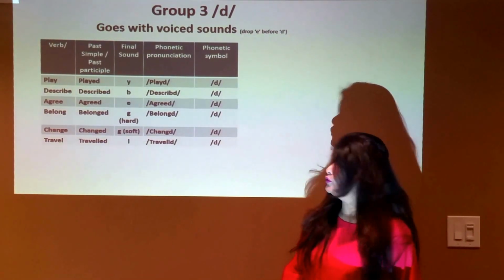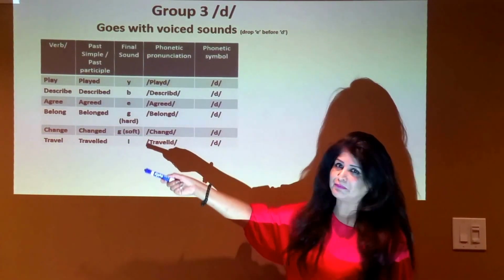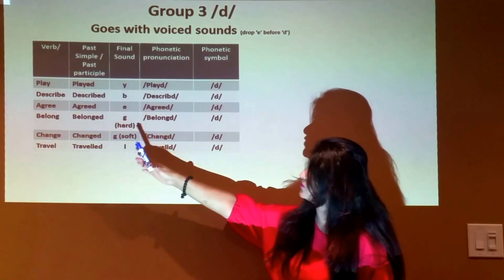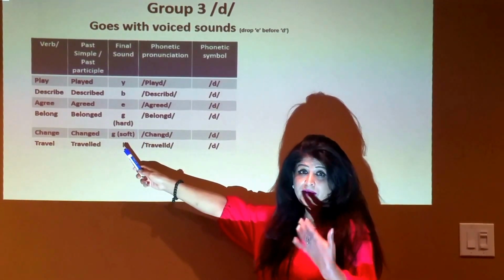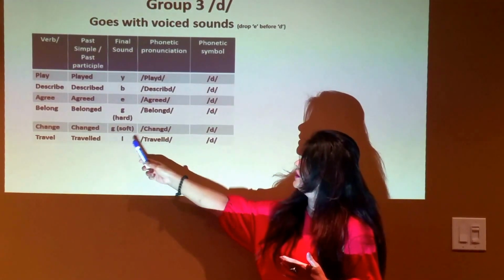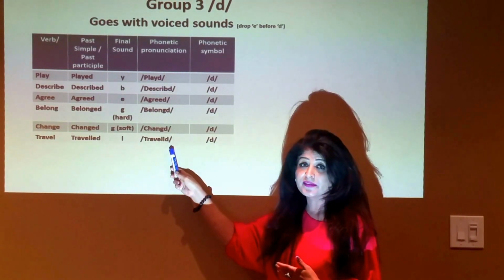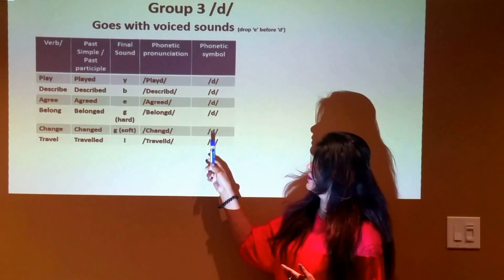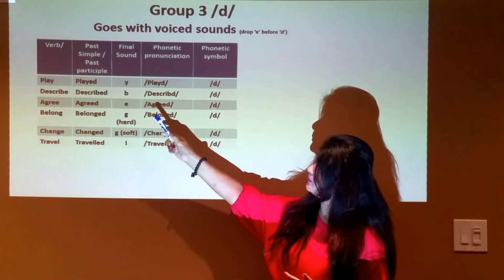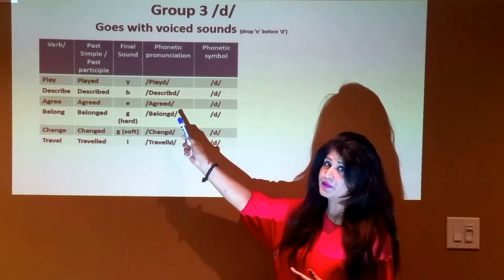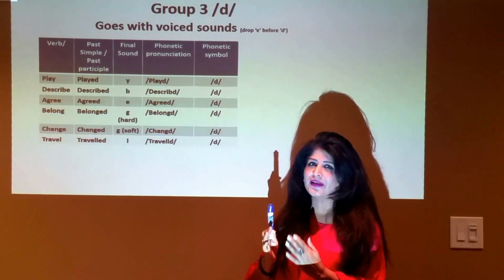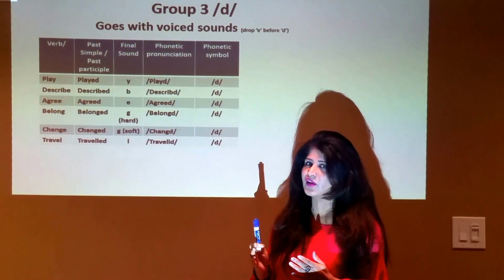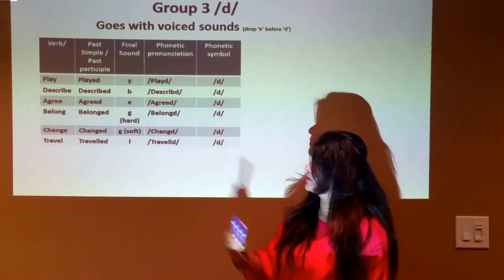This is the third group. In this group, again I have brought you verbs, their past forms, the final sounds that we can hear, the phonetic pronunciation, and the phonetic symbol. In this case, played, described, so you are adding just a slight d in the end. It's not an extra syllable, just a slight sound.